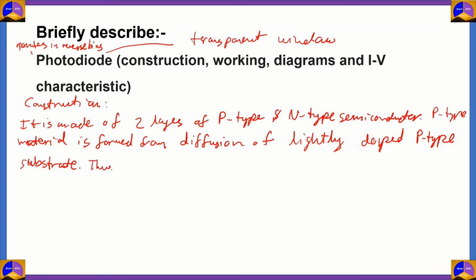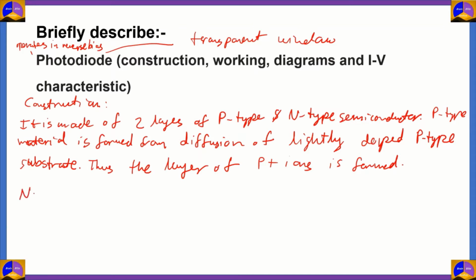Thus, the layer of p plus ions is formed due to the diffusion process.